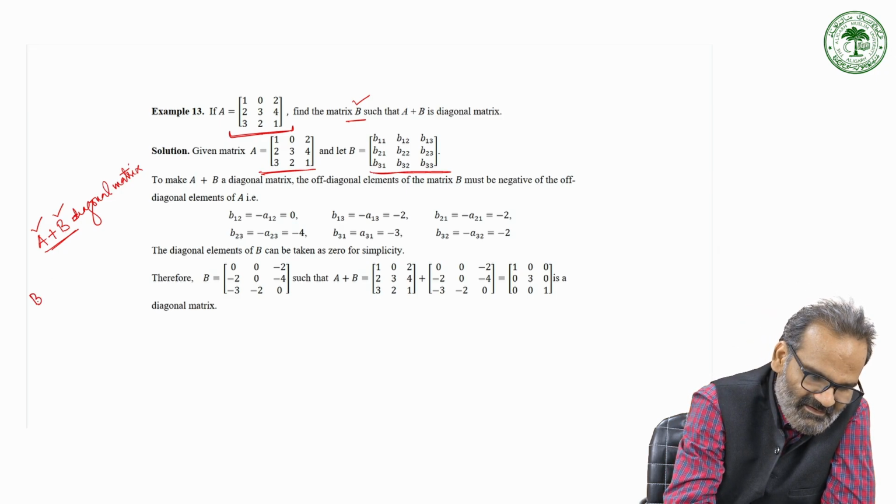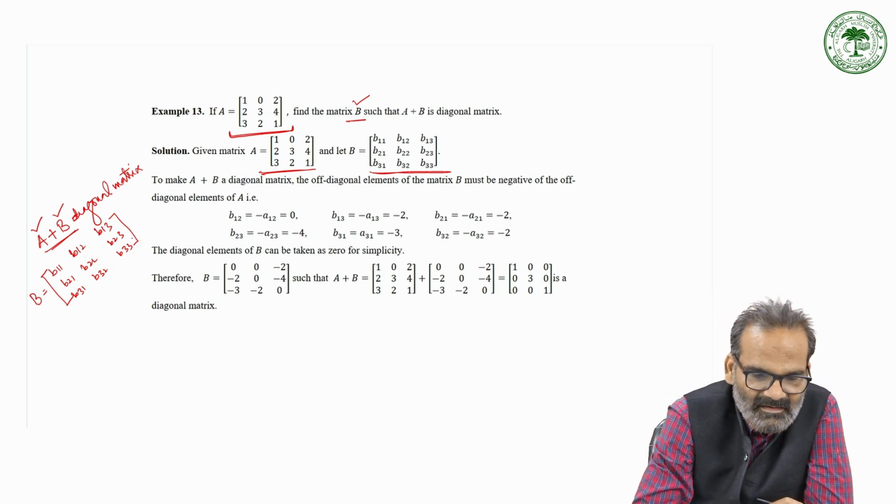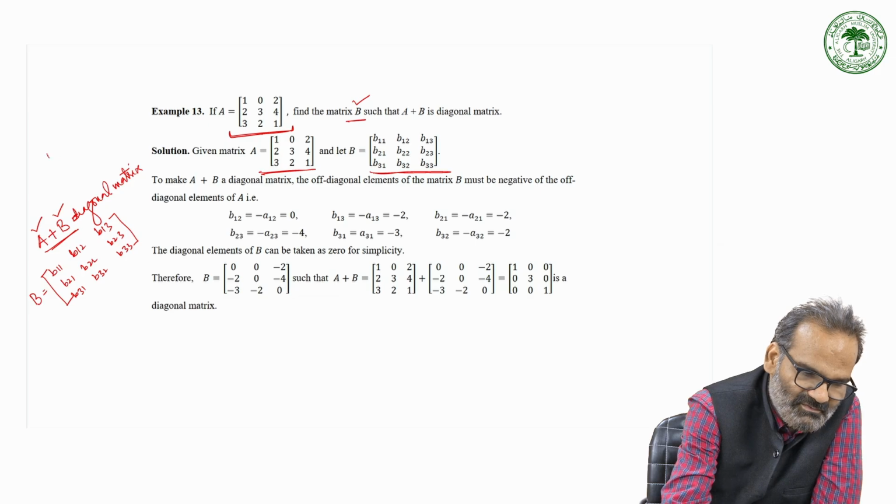That is why we have taken this matrix B11, B12, B13, B21, B22, and B23, B31, B32, and B33. This is the matrix which we have taken, right? What we want to do? We want A plus B to be a diagonal matrix, right?